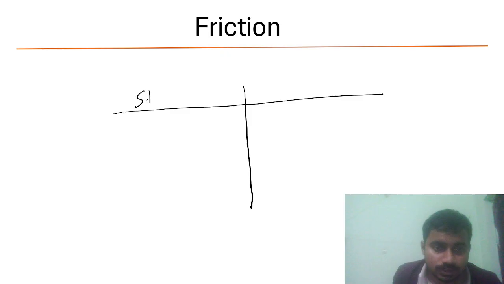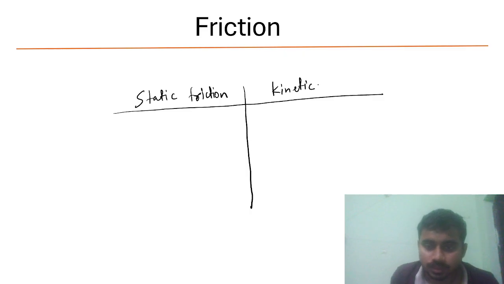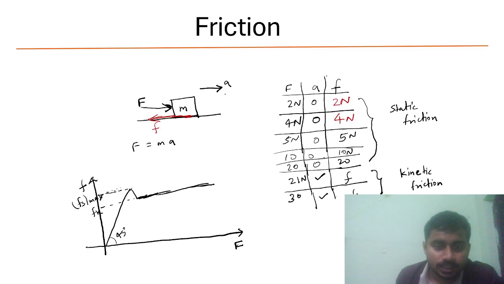So let's say there is static friction. Here we are seeing that friction is of two types: static friction and kinetic friction. In static friction, what we have seen is that its value is not fixed; it is variable.